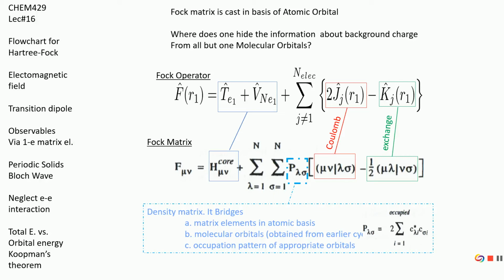When one is expressing orbital matrix elements, one is writing down Coulomb and exchange matrix elements between atomic orbitals. Right? So we need Coulomb and exchange between molecular orbitals, but molecular orbitals are different at each iteration. But Coulomb and exchange between atomic orbitals can be computed once and forever through this iterative step.